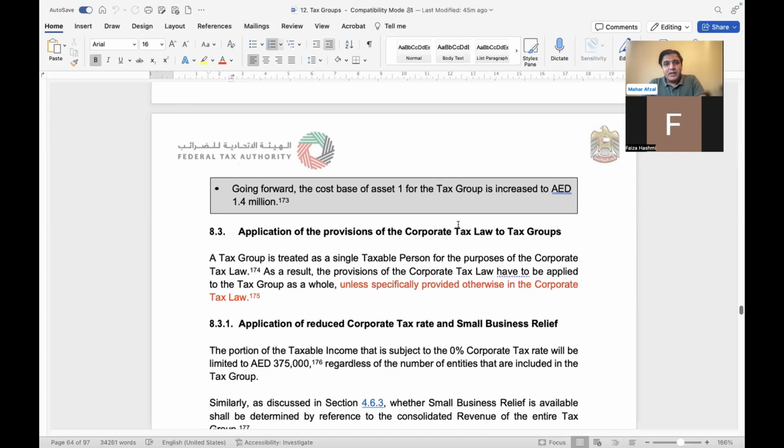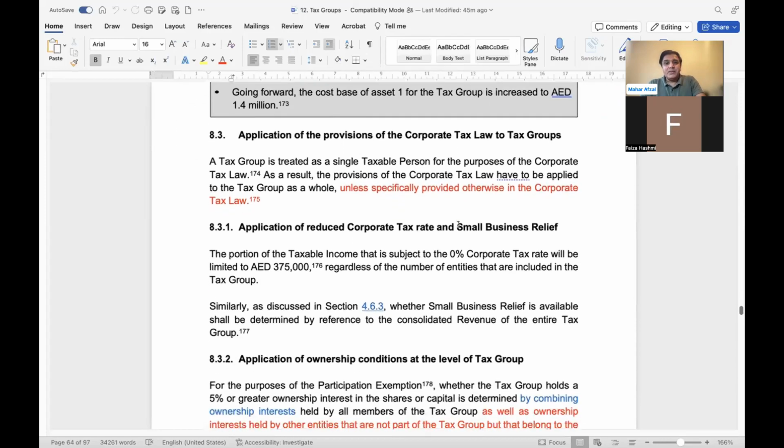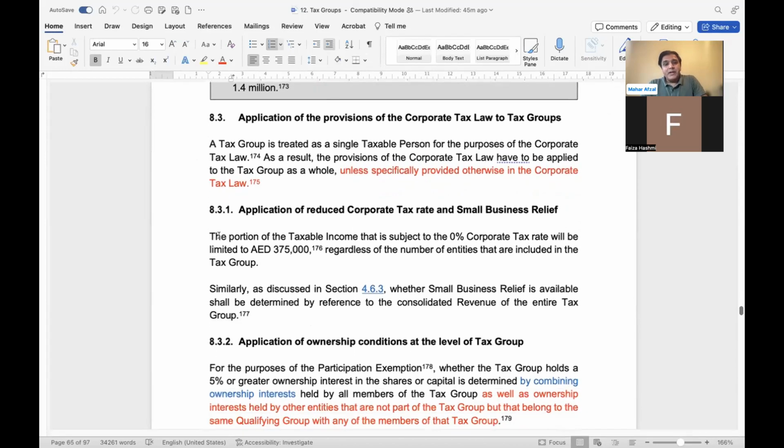Now, in case of a tax group, this 375,000 exemption of taxable income will be applicable at the group level, not at the individual entity level. This is provided in 8.3.1.